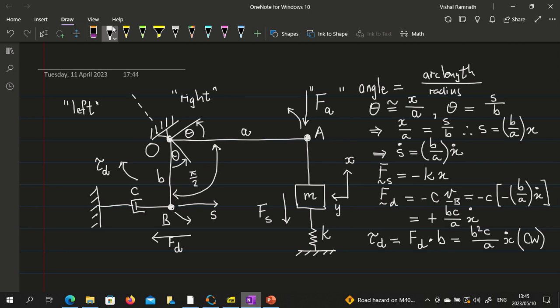And that means the torque at the point O should equal the force times the perpendicular distance, which we know to be b squared c over a x dot, which would then imply that the force, dividing by a, would just be b over a squared c x dot.